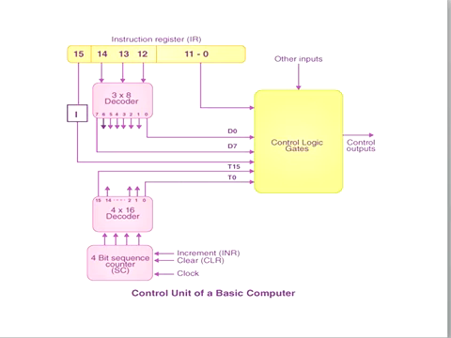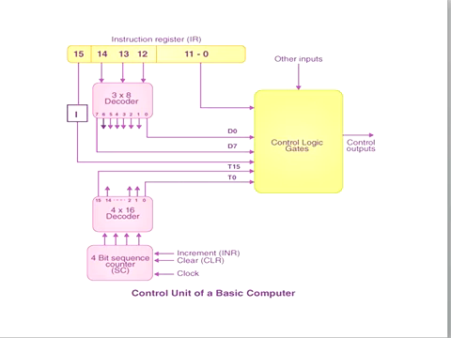And the next one, the sequence counter has again 3 inputs: clock pulse, clear, and increment. Whenever the clock pulse is applied, only then can we perform the operations, and INC is also activated.